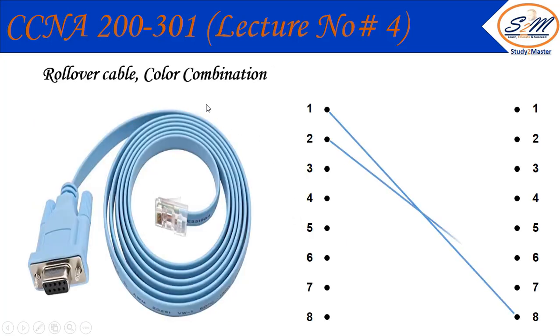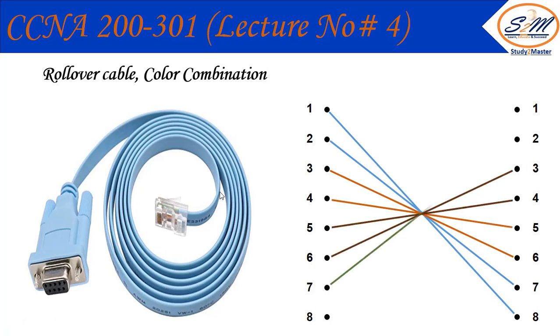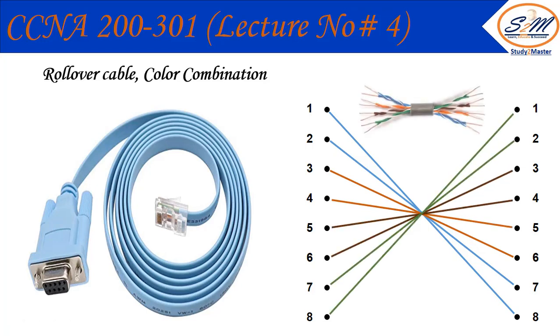Rollover cable color combinations. It is similar to a crossover cable with a little difference. These are pins 1 through 8 and the other side also. The color combination of a rollover cable, which we use to access a router or switch, is completely vice versa on each end. If the DB9 end has this color combination, the RJ45 will have this one.